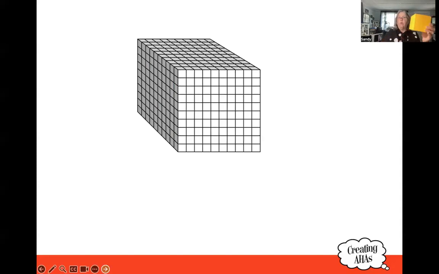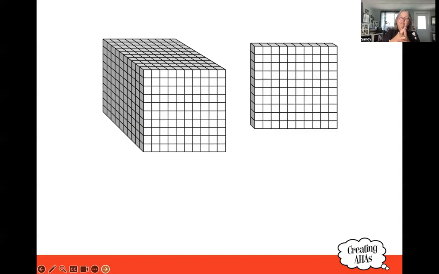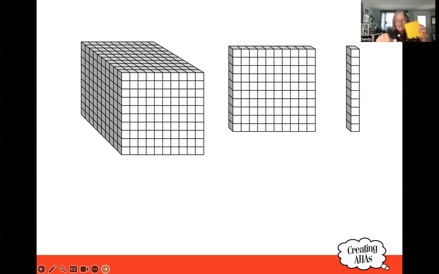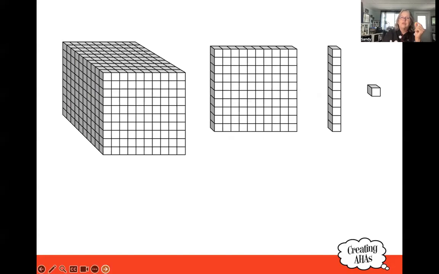What part of that is this one? Now all of a sudden, that 100 flat is 1/10 the size of this. And then this is 100th the size. And this one is 1,000th the size.